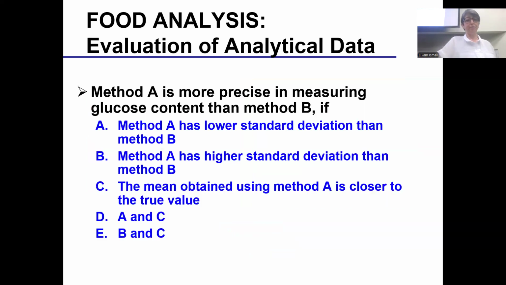Okay. We talked a little bit about precision last time briefly. Let's see here. If method A is more precise in measuring glucose content than method B, which of these statements are correct?